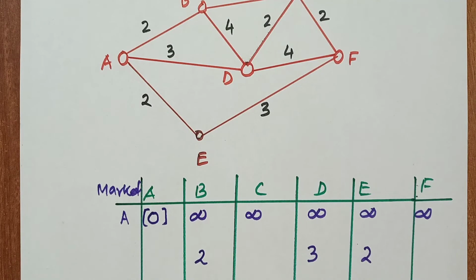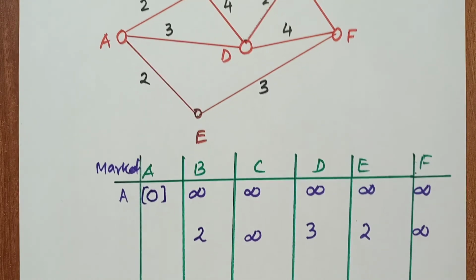Okay, so this is the second step. And for the remaining vertex, below C, this is the old value, which is copied. So this is the second step.